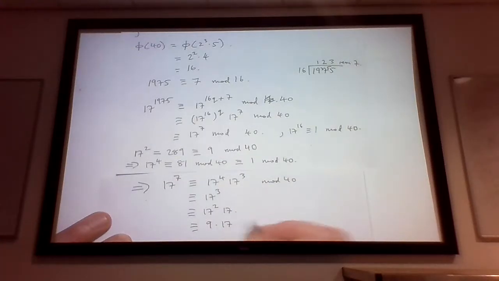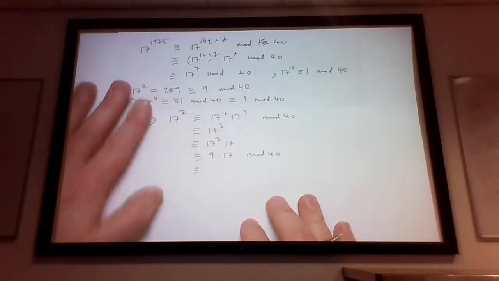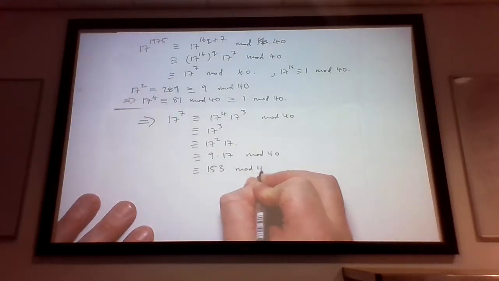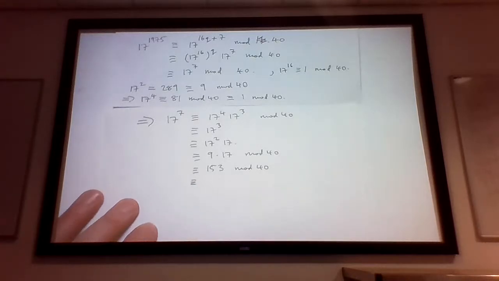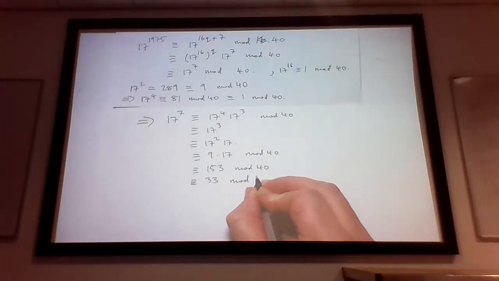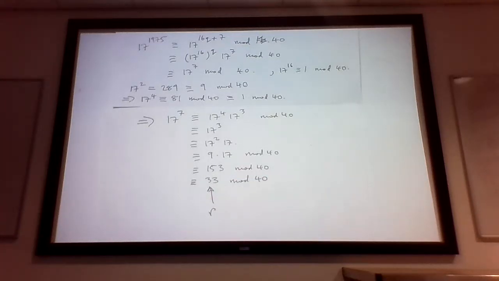So 9 by 17 mod 40. So what's that? 90 and 63, 153. 3 times 40 is 120. Remainder 33. So 33. That's what the remainder is.